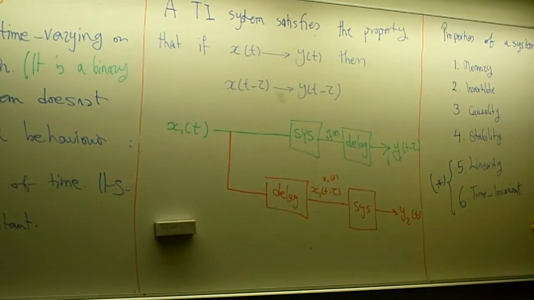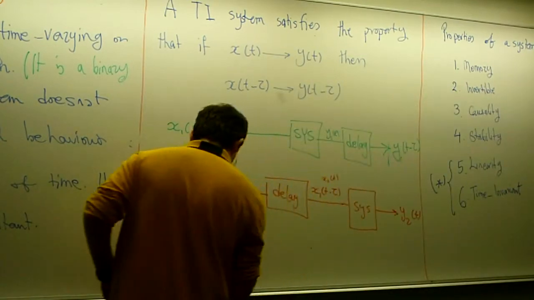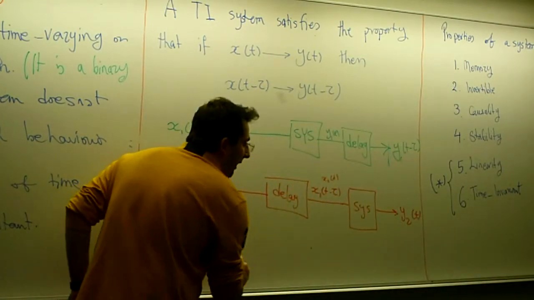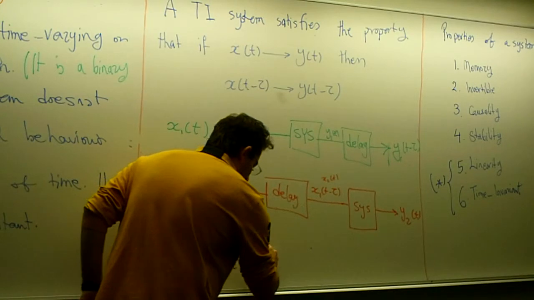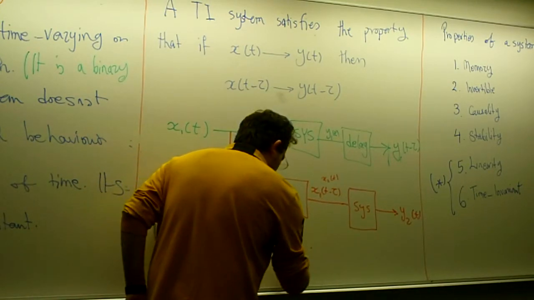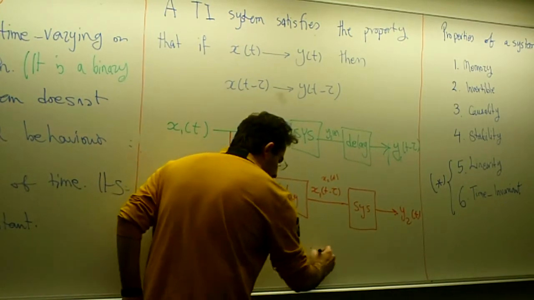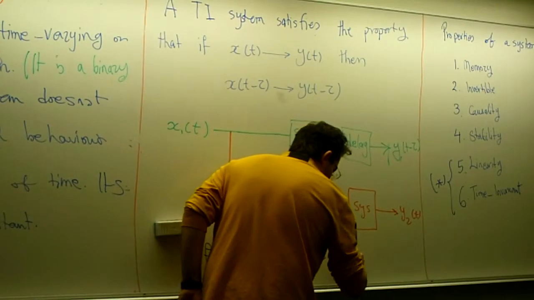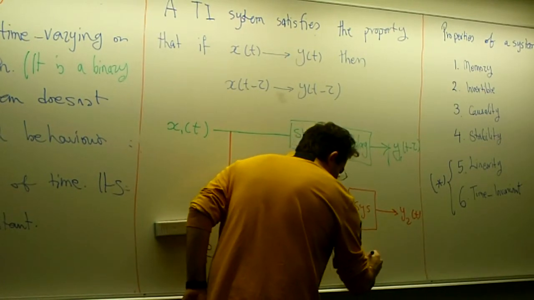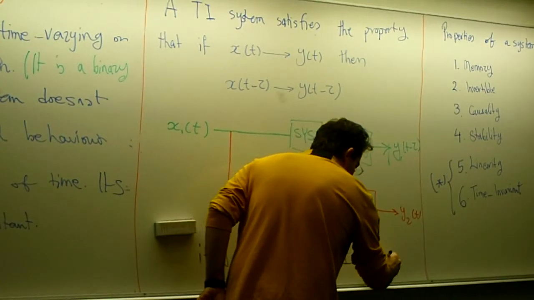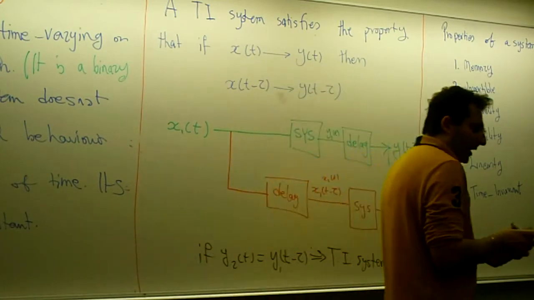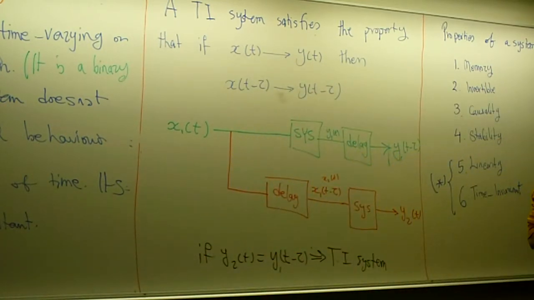So if y2(t) is equal to y1(t minus tau), then the system is a time invariant system. So this is how a model represents it. But let's see how we can test it.